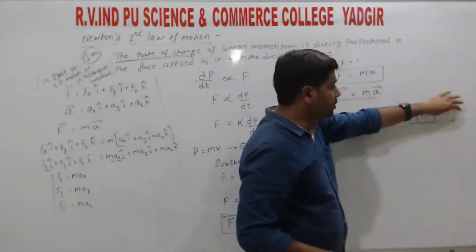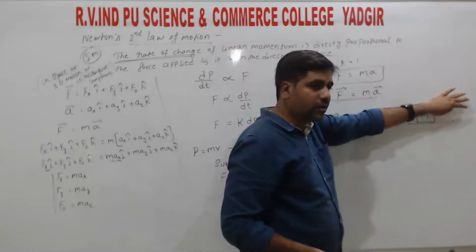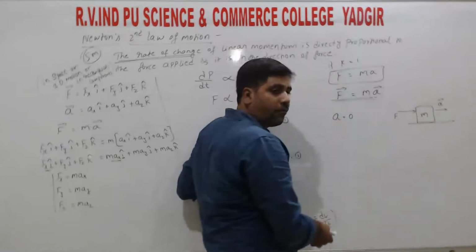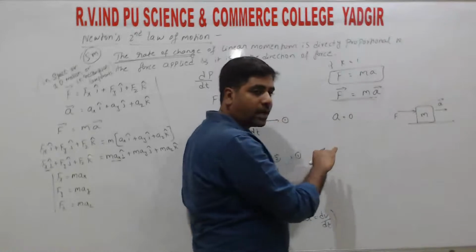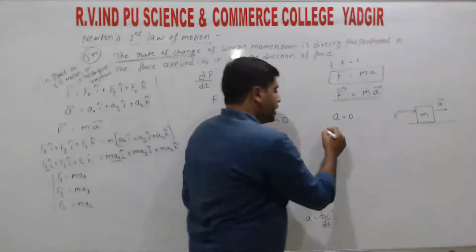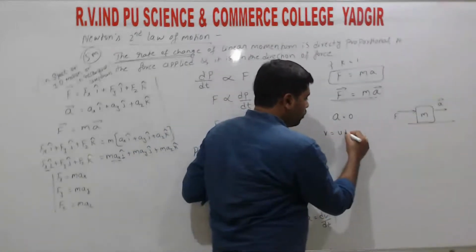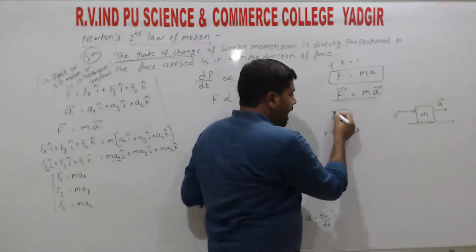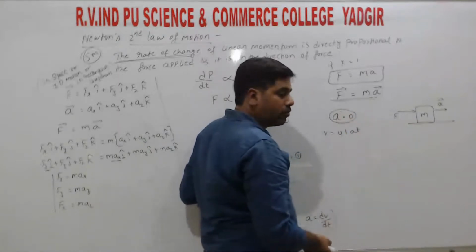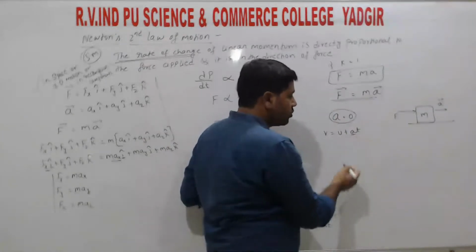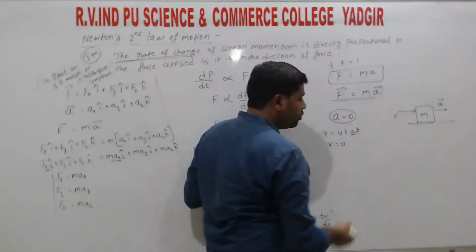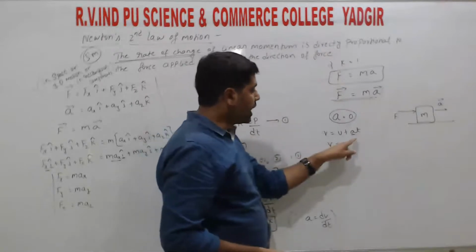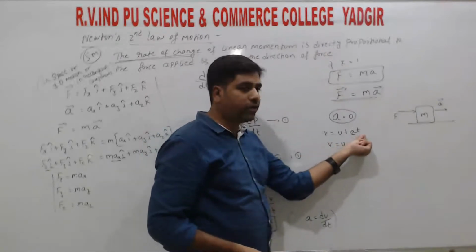So in case the acceleration is 0, that means, from the first chapter, we have the relation v = u + at, right? When acceleration is 0, substituting a = 0, we get v = u, because 0 into t is 0.